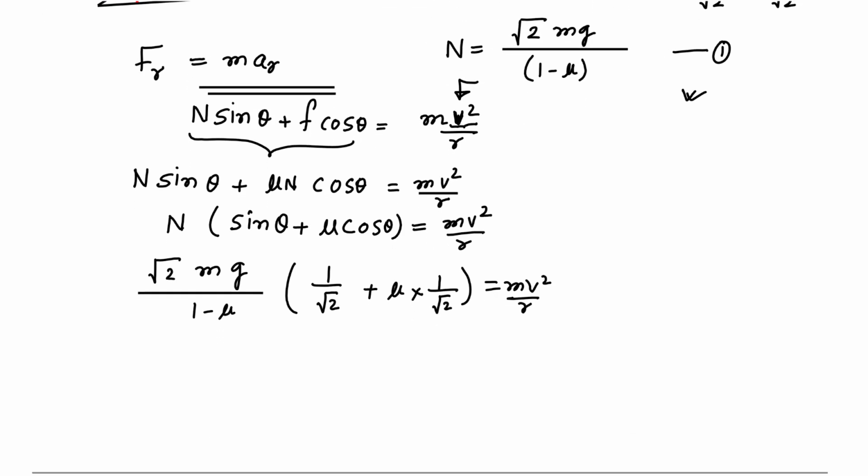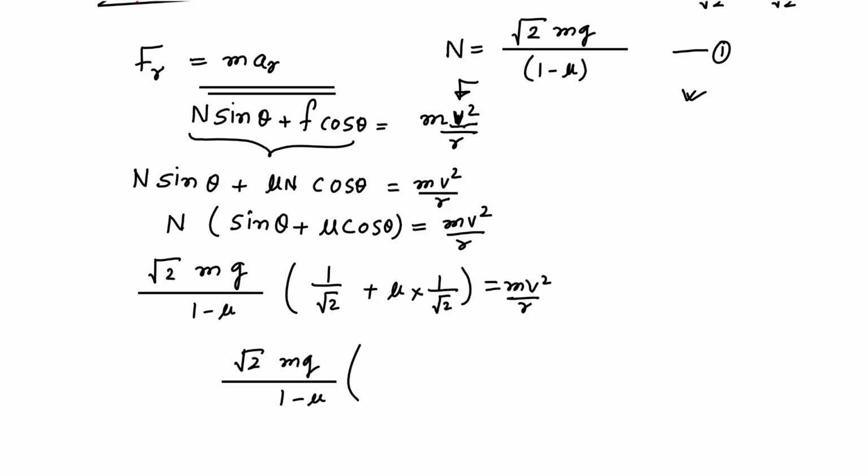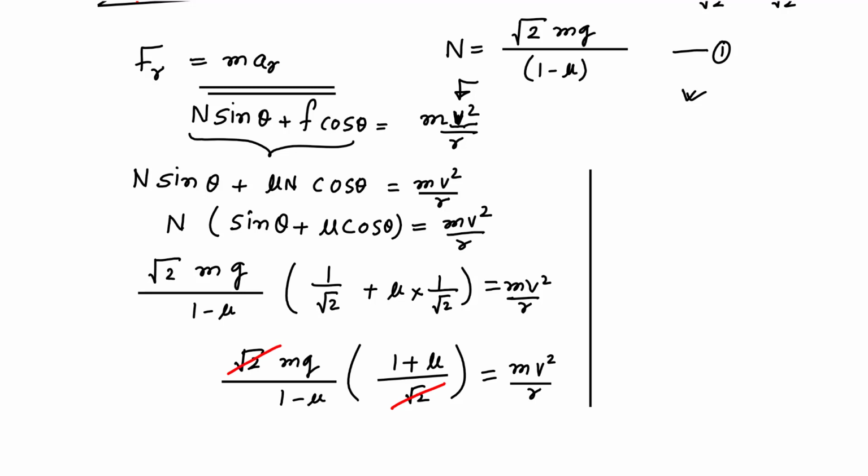Now if you solve this, you will have root 2 mg over (1 minus mu), times (1 plus mu) divided by root 2, equal to mv square by r. So now I can write here, this root 2 cancels out, m cancels out.